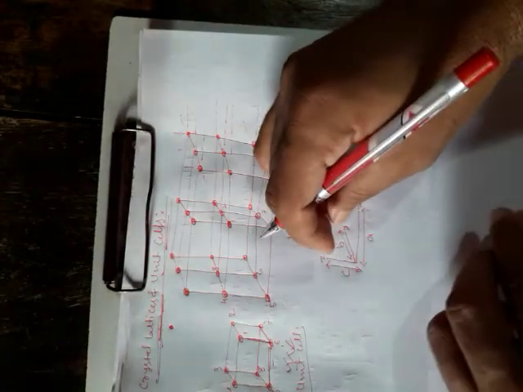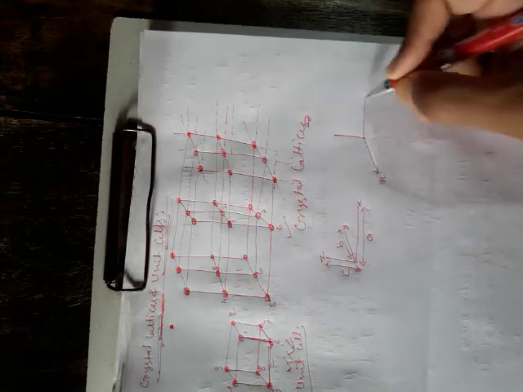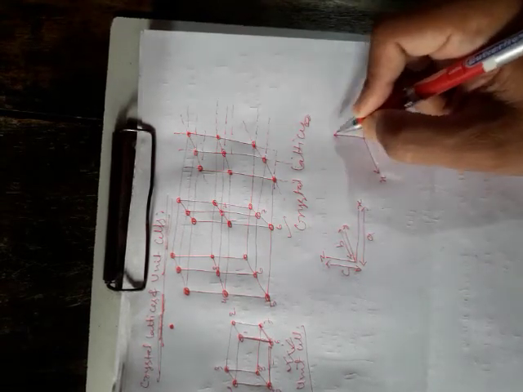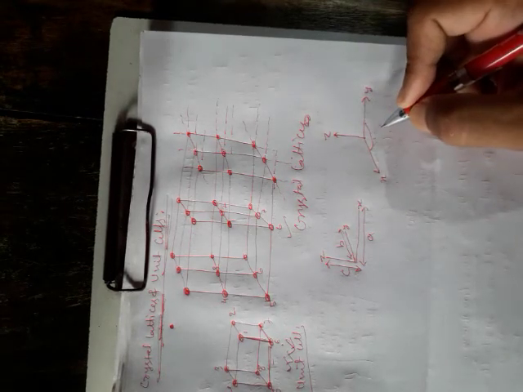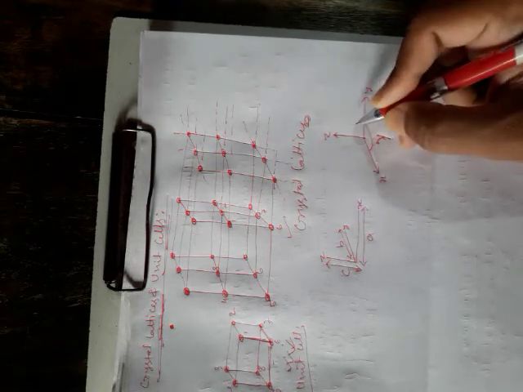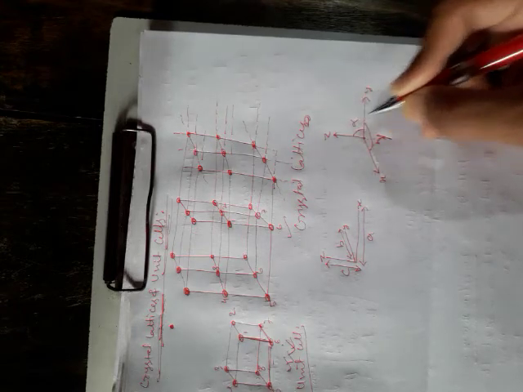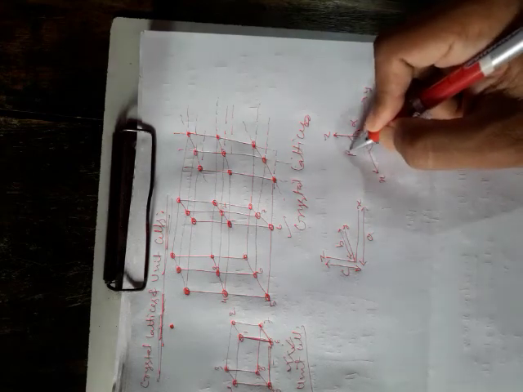Suppose this figure has been rotated in this way. So it will become X, it will become Y, and it remains at Z. The angle between X and Y is represented by gamma. The angle between Y and Z is represented by alpha, and the angle between X and Z is represented by beta.